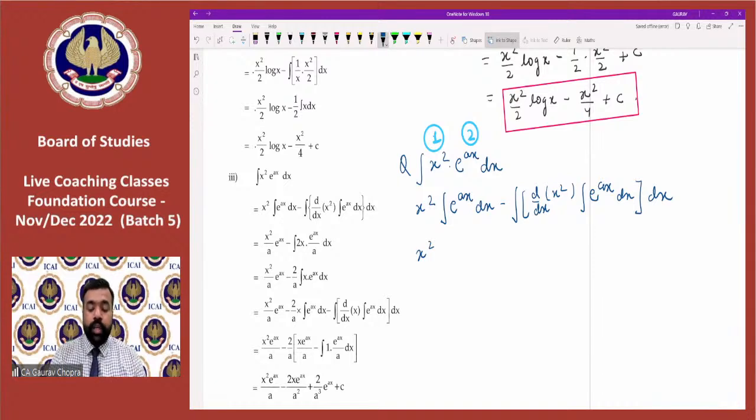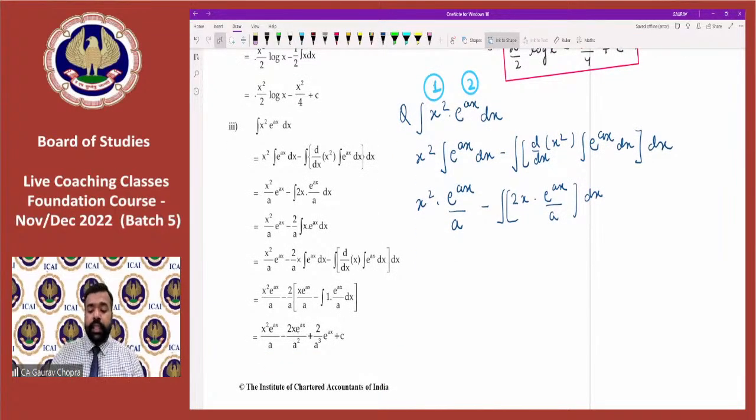X square integration of e to the power of ax is e to the power of ax divided by a minus differentiation of x square, that is 2x, integration of e to the power of ax, e to the power of ax upon a, and then it is dx.